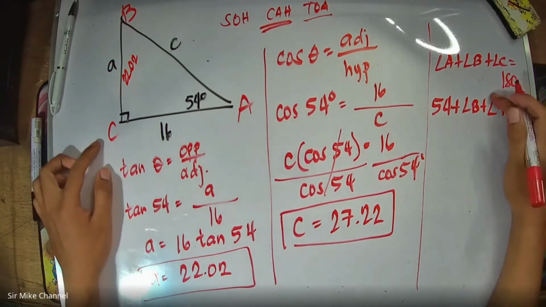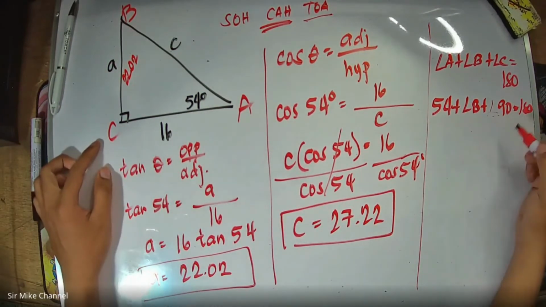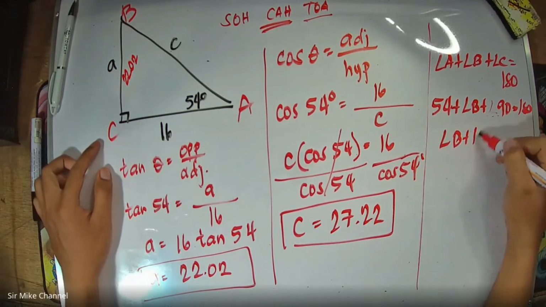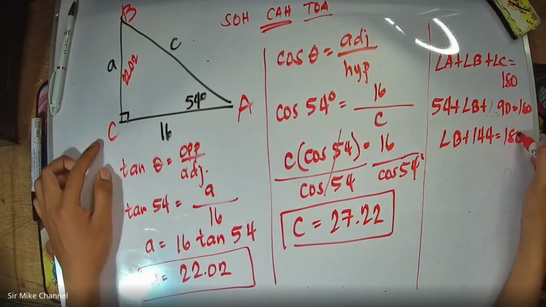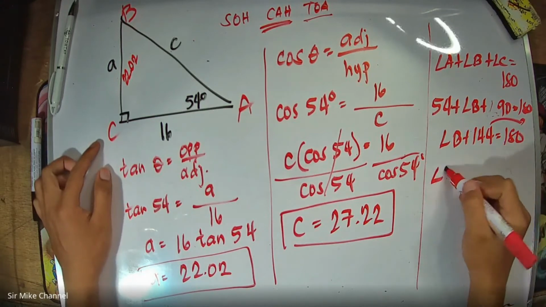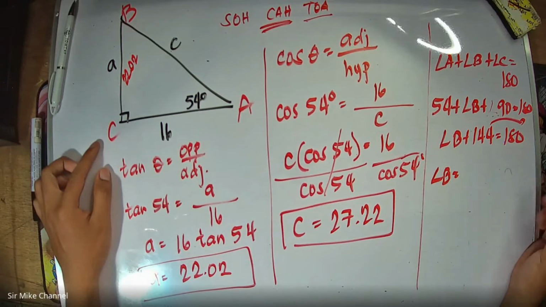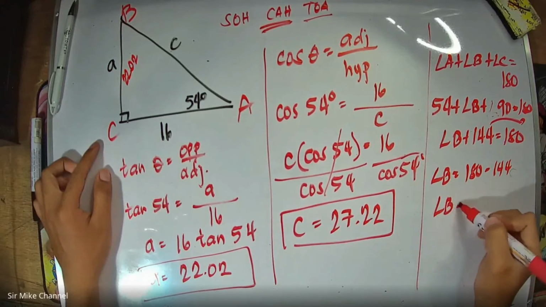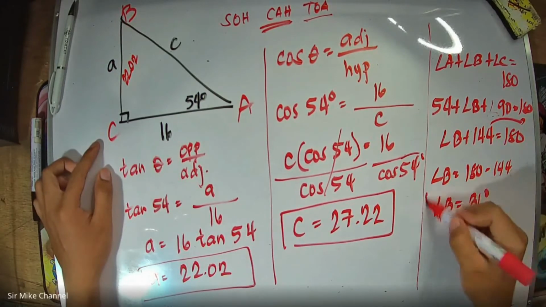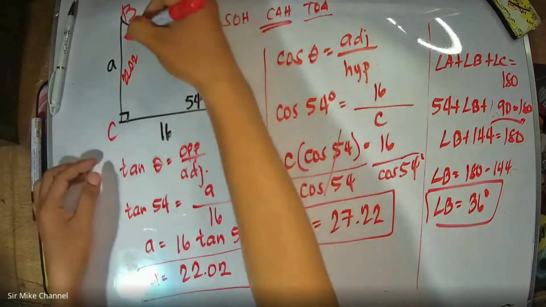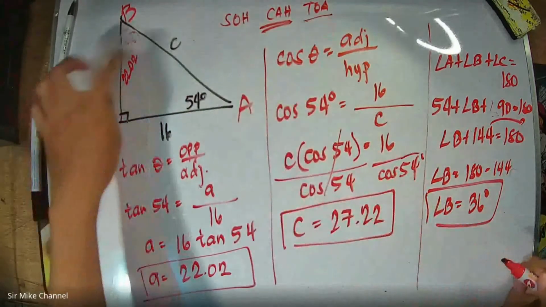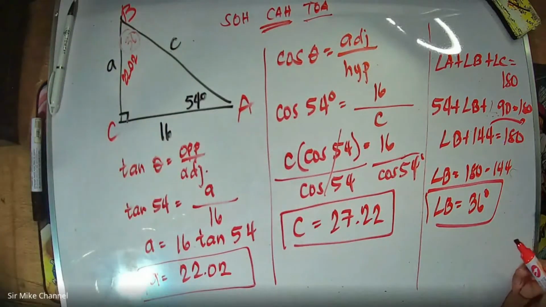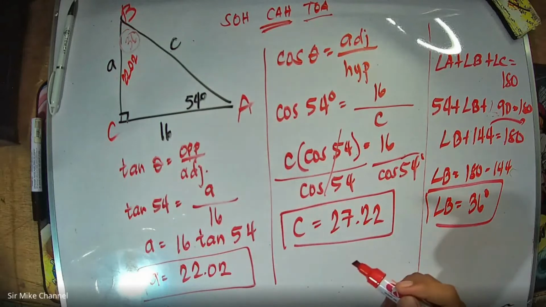So 90 plus 54, angle B plus 144 is equal to 180. Transposing, angle B is 180 minus 144. Angle B is 36 degrees. Checking, 36 plus 54 is 90, plus 90 is 180. So we have solved all the sides and angles of this triangle.